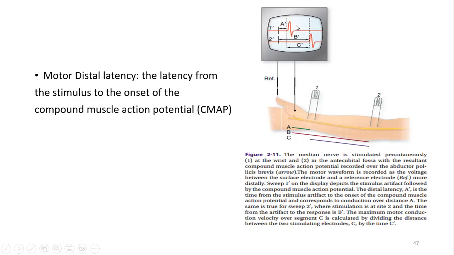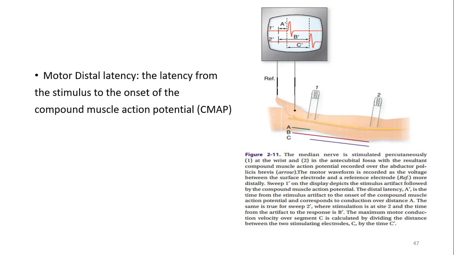This is the action potential, or the amplitude. Here we see the amplitude. In motor nerve study, as you said previously, we assess the amplitude at two electrodes. The benefit of this is to study the nerve conduction velocity.